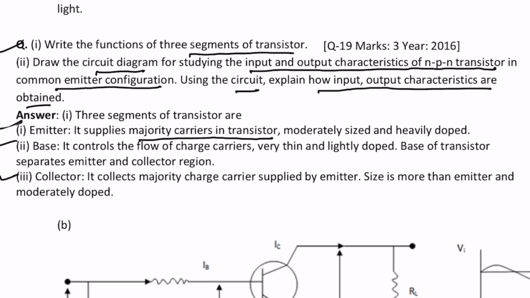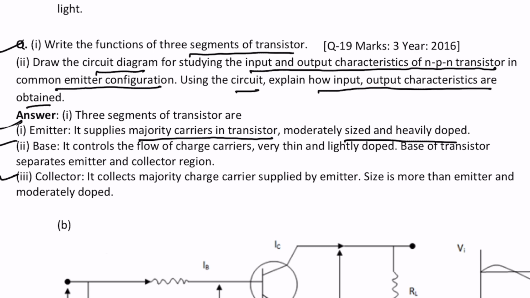If it is a PNP transistor, then the holes are the majority charge carriers. It is moderately sized and heavily doped. Heavily doped means impurity atoms are mixed with the naturally occurring semiconductor, which is called doping, correct?